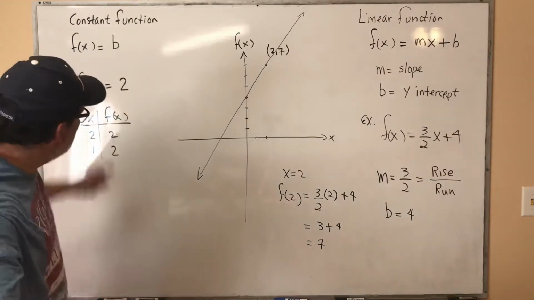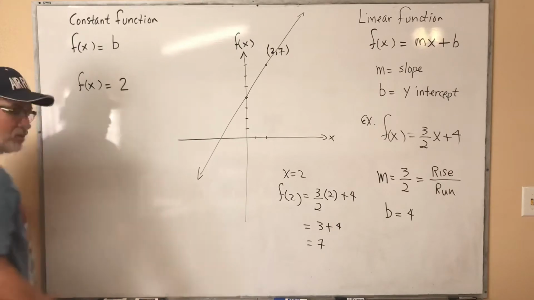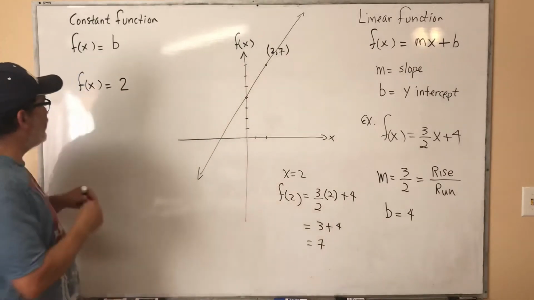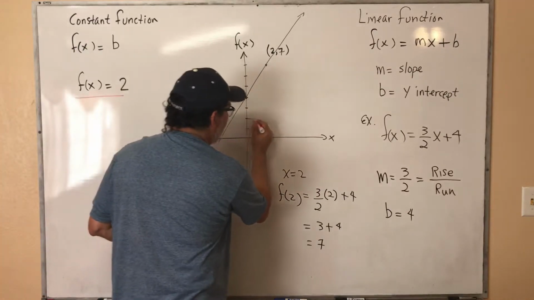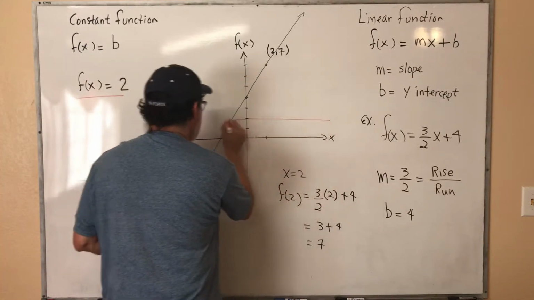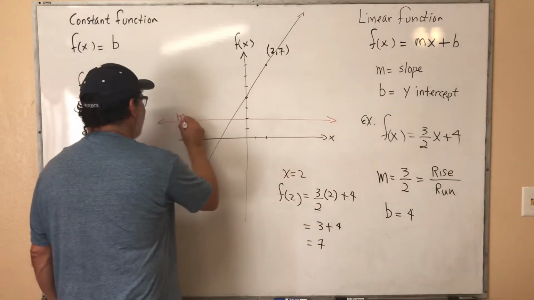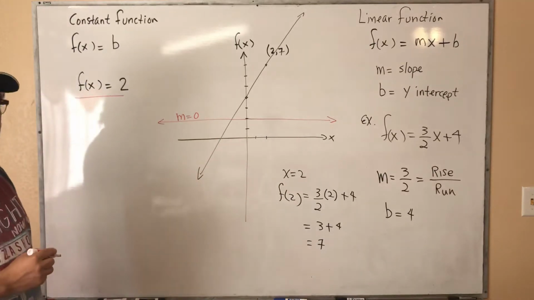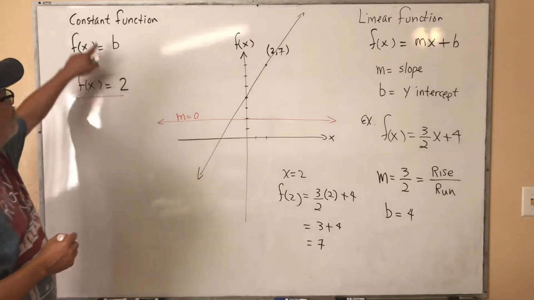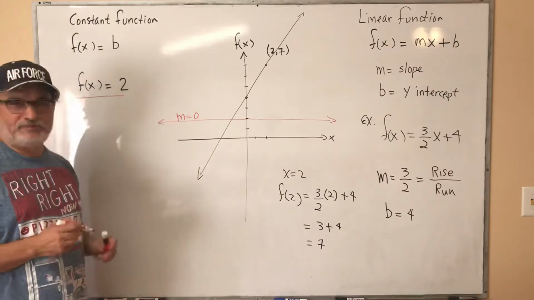Watch this. This one here has slope of 0 because I'm going to do it in red. Here is the graph. Horizontal. The slope is 0 here. So constant functions have 0 slope.